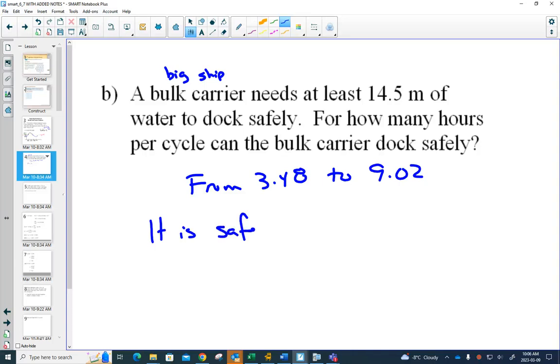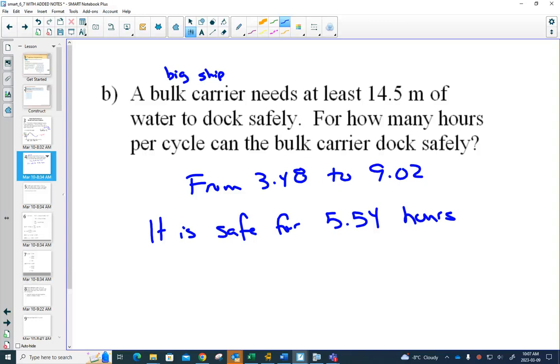It is 5.54 hours. So if we have technology, we can solve questions like this very nicely and very easily. That is a good thing to know how to use.